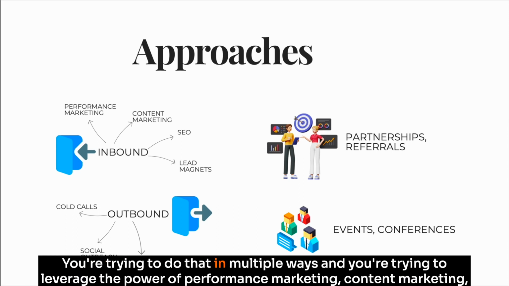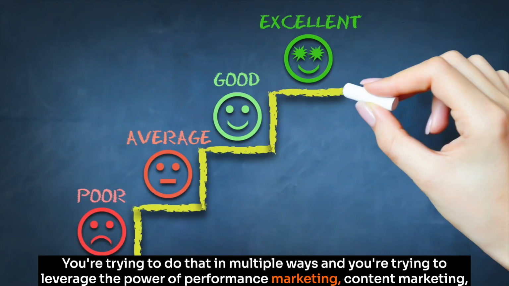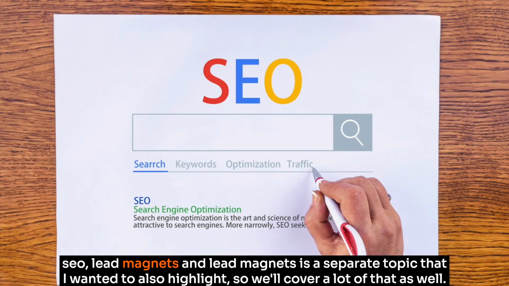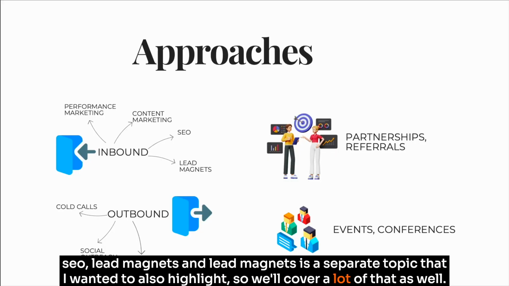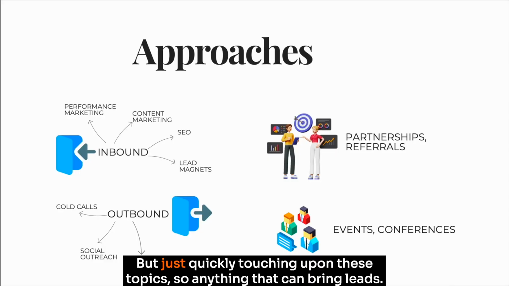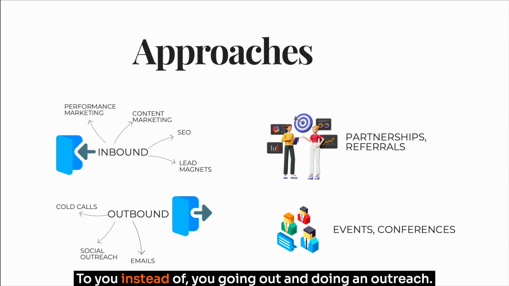You're trying to do that in multiple ways, leveraging the power of performance marketing, content marketing, SEO, and lead magnets. Lead magnets is a separate topic that I wanted to also highlight, so we'll cover a lot of that as well. But just quickly touching upon these topics: anything that can bring leads to you instead of you going out and doing outreach.